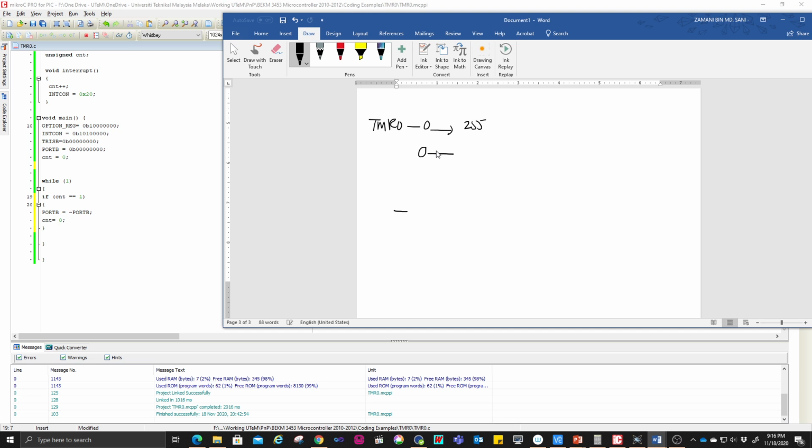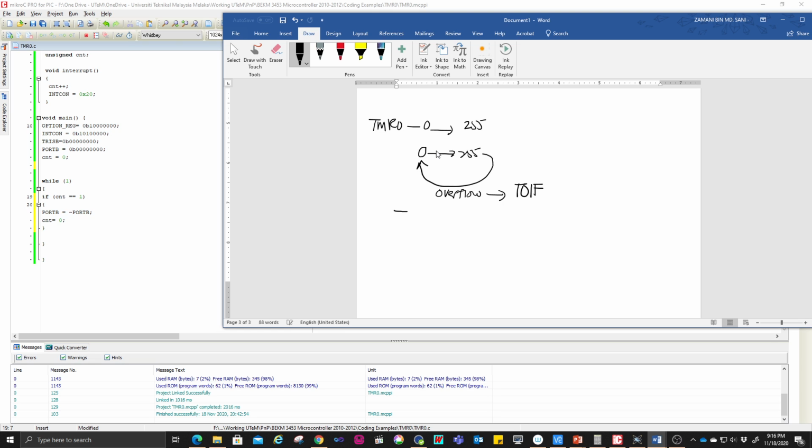Count up to 255, you have to imagine this one, and then you go back to reset to 0. This is the overflow condition. And this one sets up your timer 0 flag.